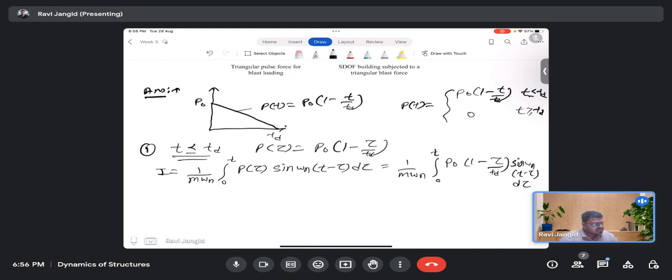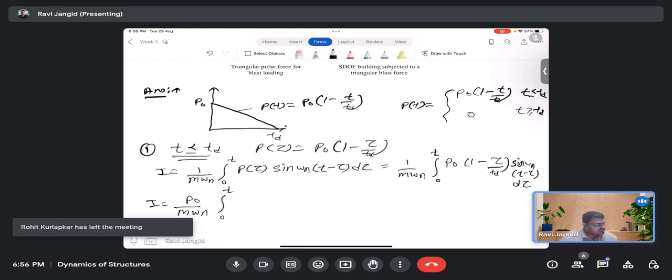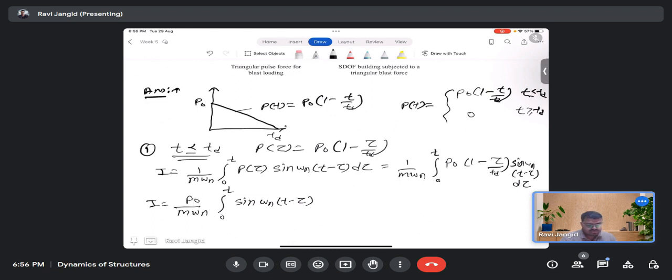So I will rearrange the terms so that it will be easy for us to do the integral. p naught by m omega n times the integral from 0 to t. If I rearrange this, one term is sine omega n (t minus tau), and the other term is minus tau over t d into sine omega n (t minus tau).